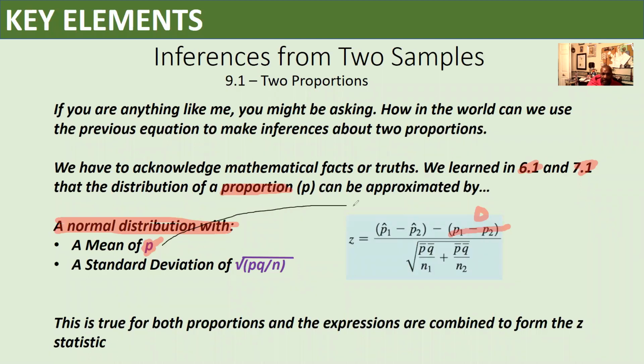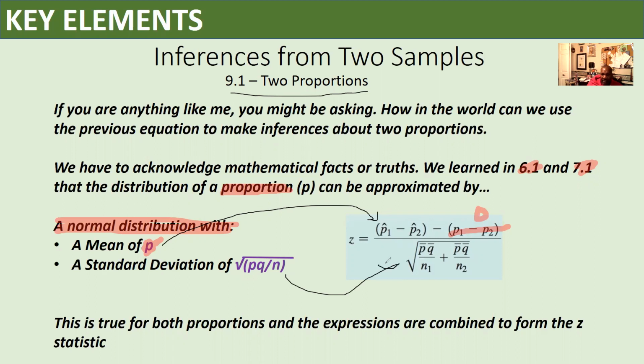Because this P right here, now granted, we're comparing two different samples when we're doing this technique in 9.1, but as you can see, the numerator of this z-score is appreciating the proportion. The denominator is also very similar. You'll see the P times Q divided by N, right? And you'll see that back here, adding those in.